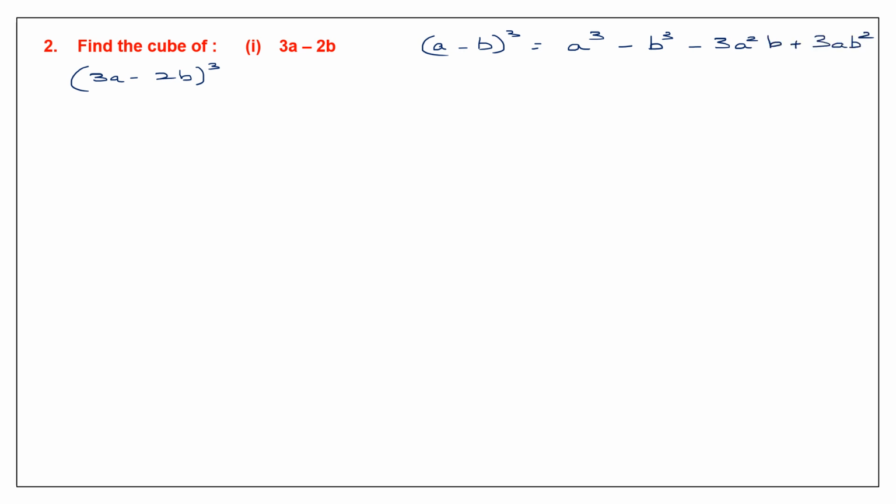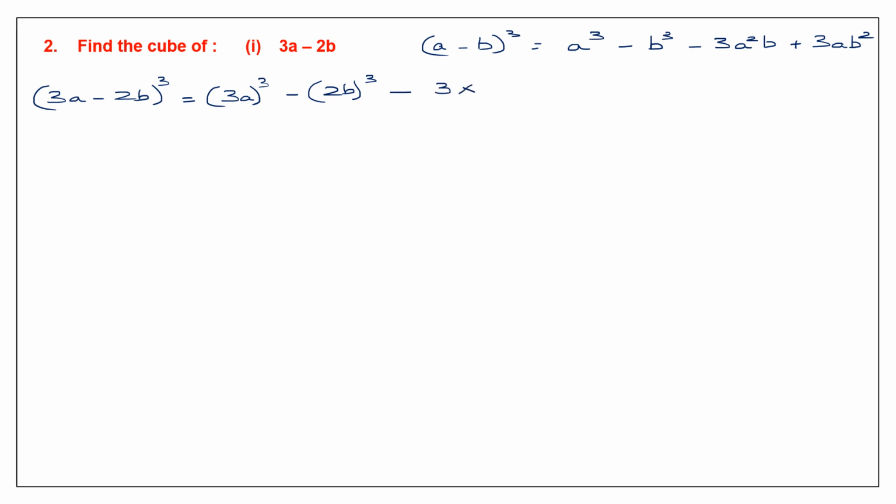This is the expansion for a minus b the whole cube. So we're going to apply this here. This whole thing is going to be a and this whole thing is going to be b. So 3a minus 2b the whole cube is equal to a cube, that will be 3a, the whole cube, minus b cube, which is 2b the whole cube, minus 3a square b.